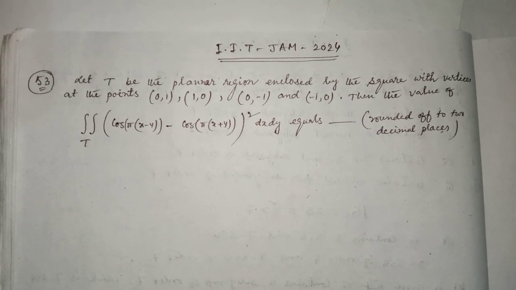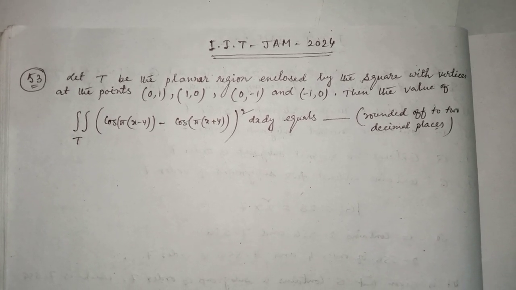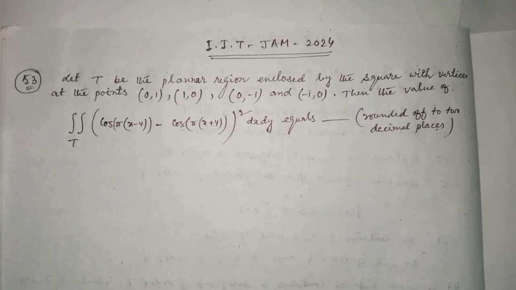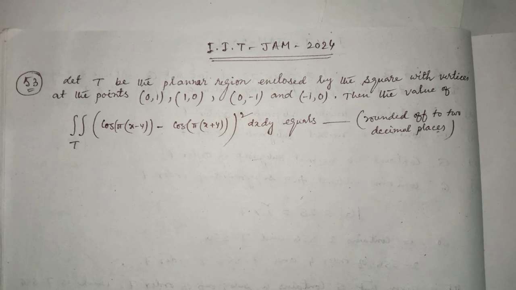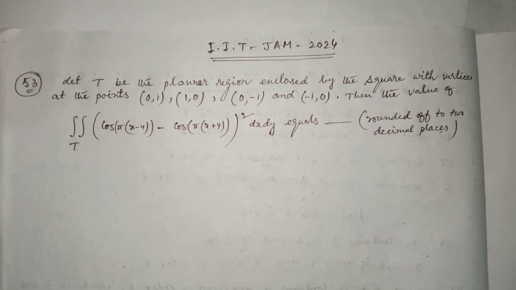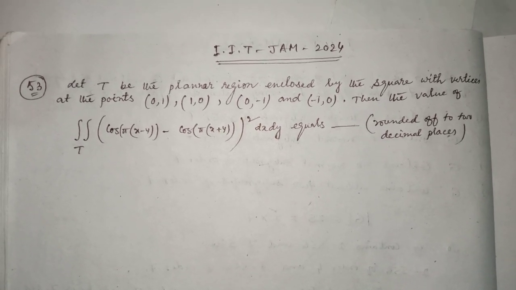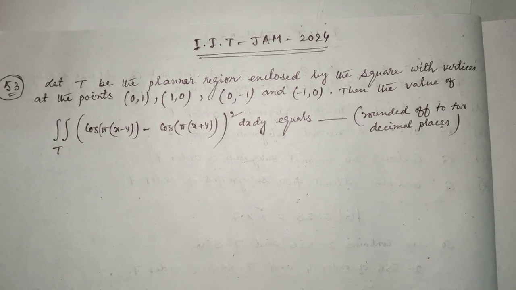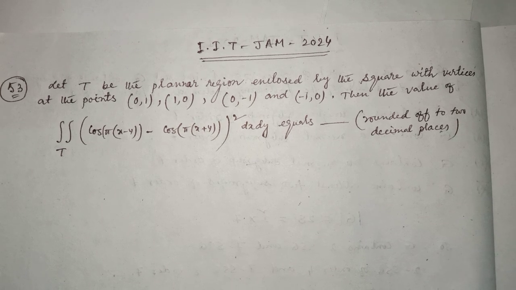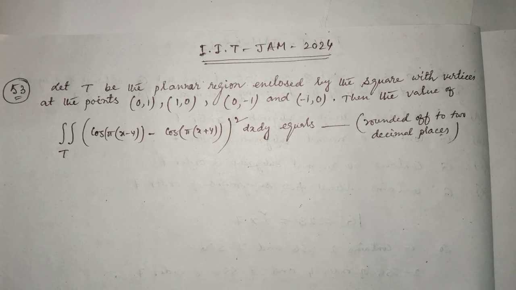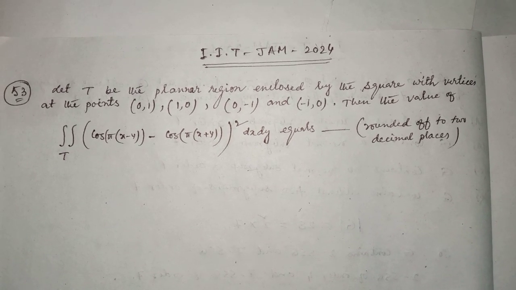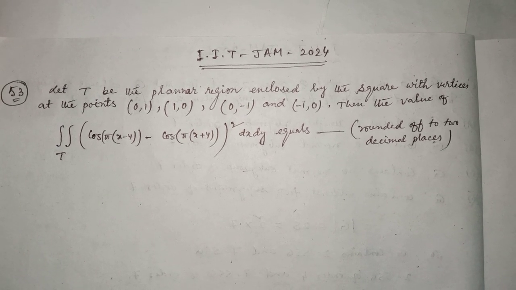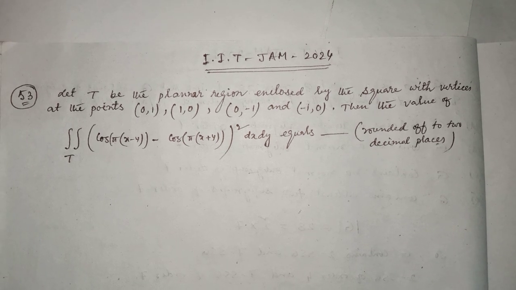Dear students, now we solve question number 53 from the question series of IIT JAM 2024 mathematics question paper. The question is, let T be the planar region enclosed by the square with vertices at the points 0, 1, 1, 0, 0, minus 1 and minus 1, 0.